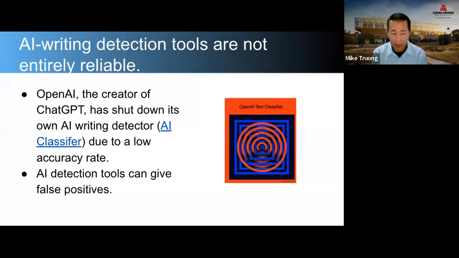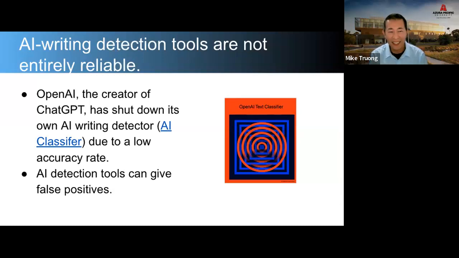So the first example here is that AI writing detection tools are not entirely reliable. I'll say this again because it's that important. AI writing detection tools are not entirely reliable. Case in point, OpenAI, the creator of ChatGPT, has shut down their own AI writing detector because it had a very low accuracy rate.